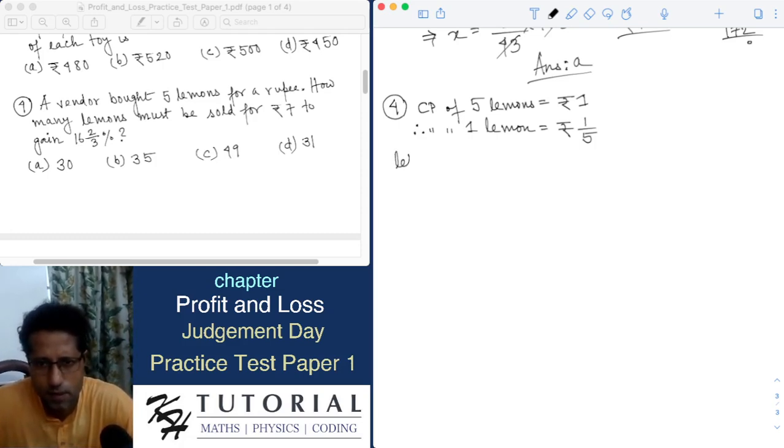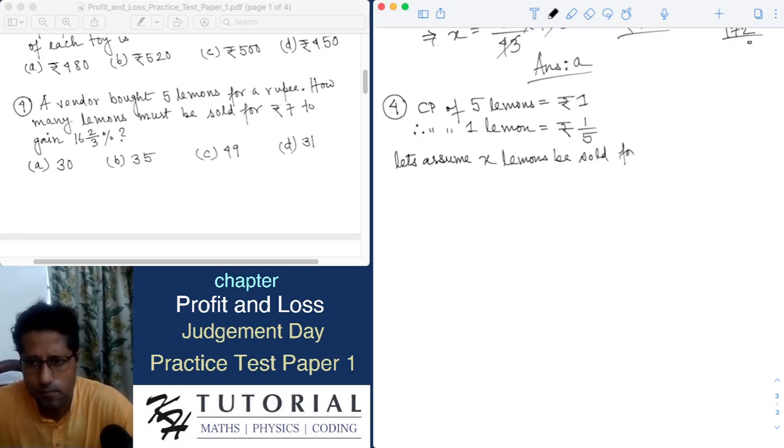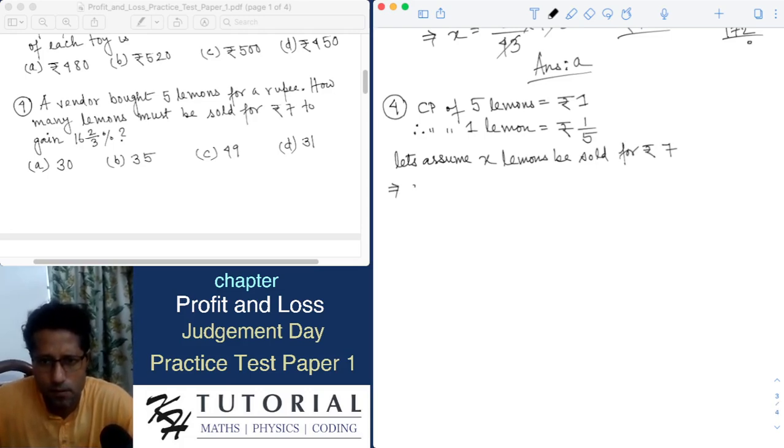So let's assume X lemons be sold for rupees 7. So this implies selling price of X lemons is equal to rupees 7. This implies selling price of 1 lemon is equal to rupees 7 by X.